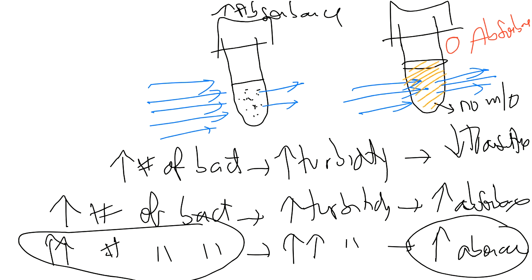So the medium will have a color, the liquid will have a color, but it has no bacteria in it. It's completely clear. And we tell the machine, okay, this is zero, no bacteria, zero absorbance. Anything above these is going to be bacteria, a higher absorbance. But you have to calibrate the machine.